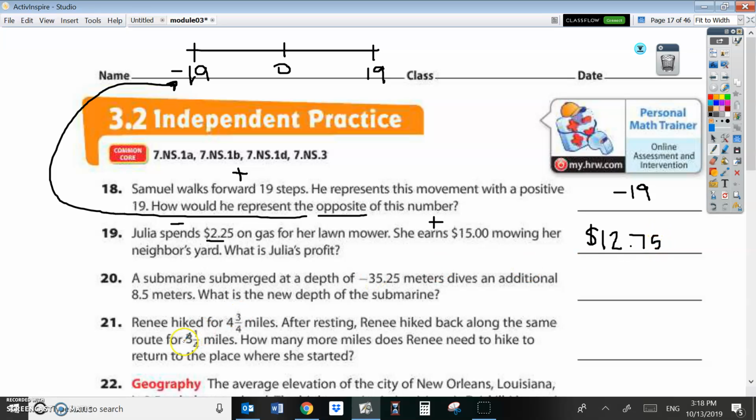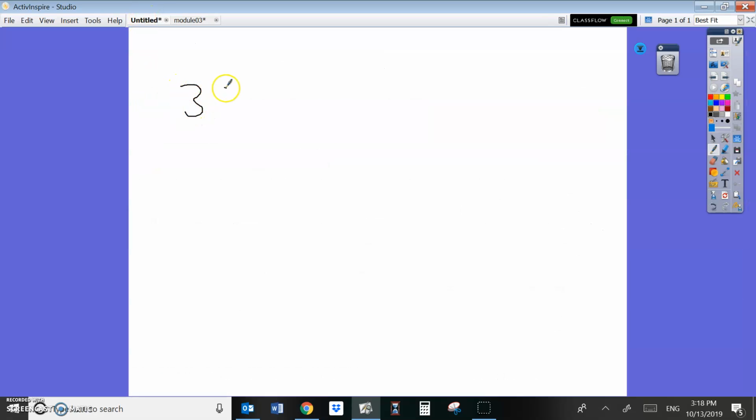Okay, next problem. A submarine submerged, that's negative, at a depth of 32.25 meters. It dives an additional 8.5 meters. So it goes down and then it goes down again. What is the new depth of the submarine? So 35.25 plus 8.5.